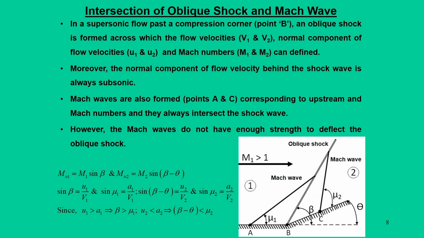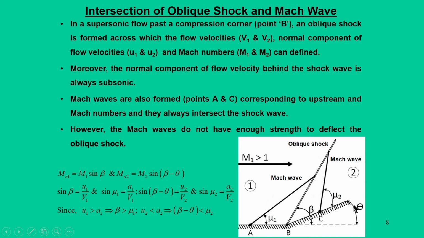Now, till this point we have been talking about an oblique shock being formed when there is a compression corner. In this case an oblique shock is shown here, which makes an angle beta for a compression corner which deflects the free stream by an angle theta.